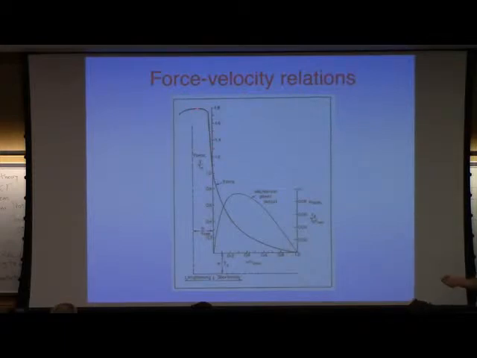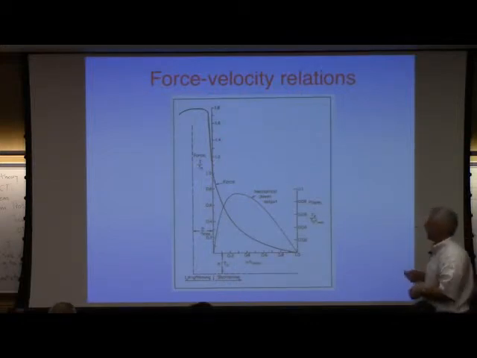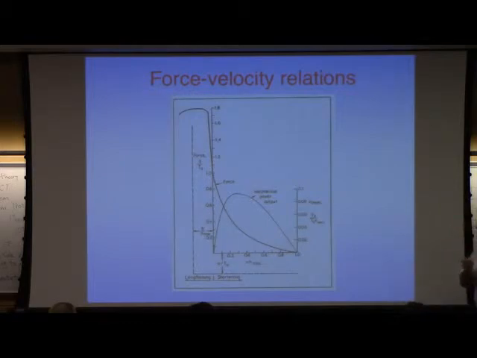So there is a range up here where this stops working, but over a fairly good range, you can go to negative velocities. And this is actually how we use our skeletal muscles a lot. When we step down off a curb, you're actually generating force, but your muscle's lengthening, providing some resistance to lengthening.